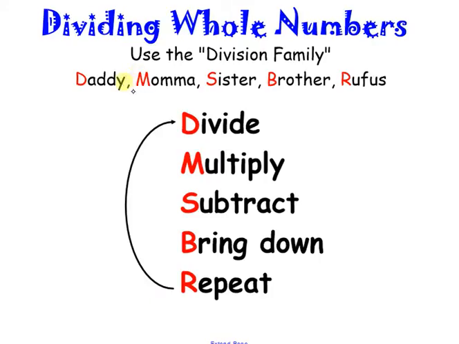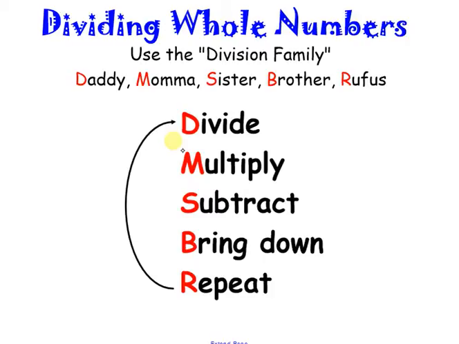As with a lot of things in math, there are acronyms that you can use to remember how to solve a problem. So one of the popular acronyms that you can use to remember how to divide is something called the division family. So when you divide, there are multiple steps for long division. There's divide, multiply, subtract, bring down, and then repeat if necessary.